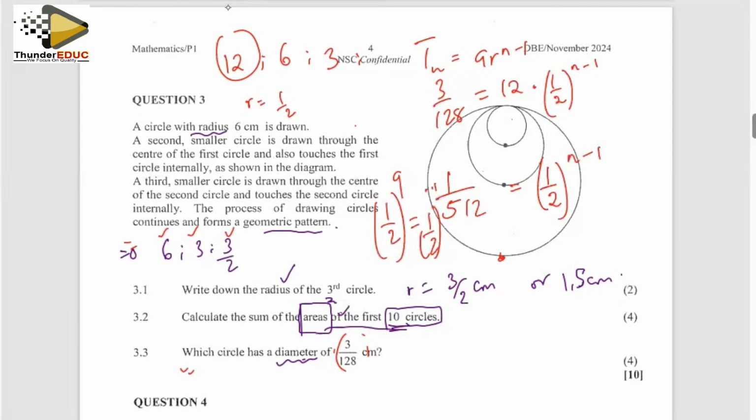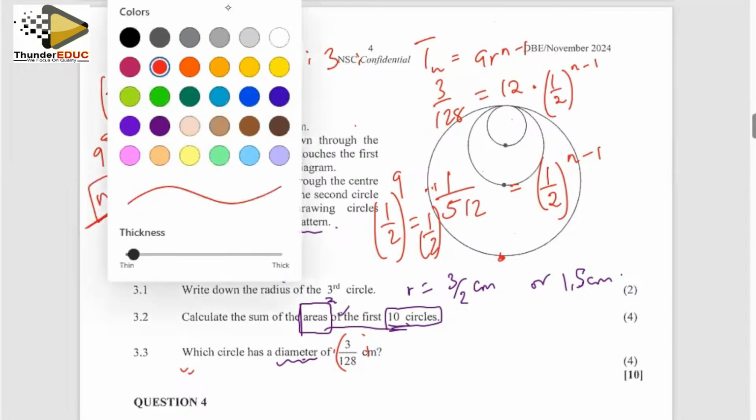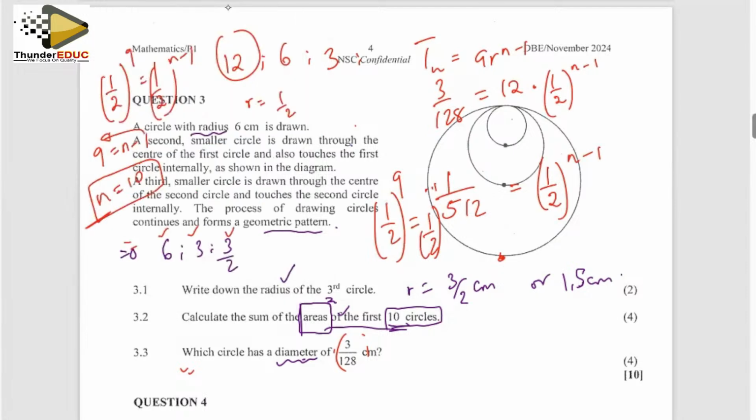So a half to the exponent of 9 is a half to the exponent of n minus 1. Drop the bases. 9 is equal to n minus 1. Move the 1 that side, which means n is a 10. Alternatively, you could use your logs, okay? Where someone would say that if I use the logs, it's going to be the log base half of 1 over 512 is equal to n minus 1.